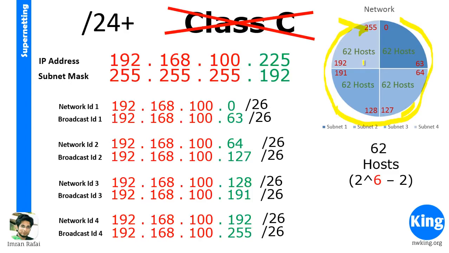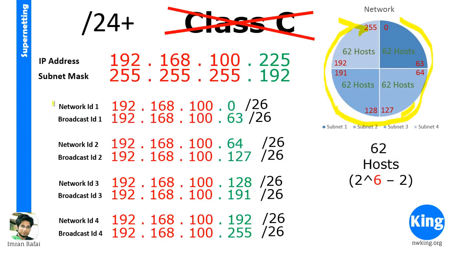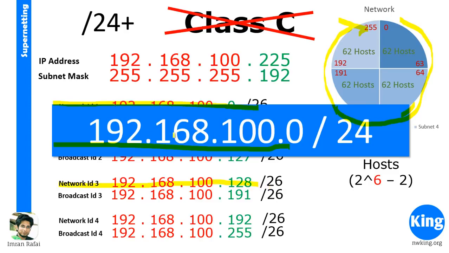But if we didn't break it, we could represent all these 4 subnets by representing it as 192.168.100.0/24. It includes all these 4 subnets, right? That's what supernetting is. So instead of the router having all these network IDs listed one by one, they could just list one network ID, 192.168.100.0/24, and that includes all these 4.